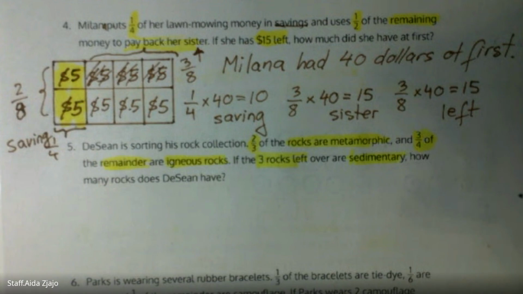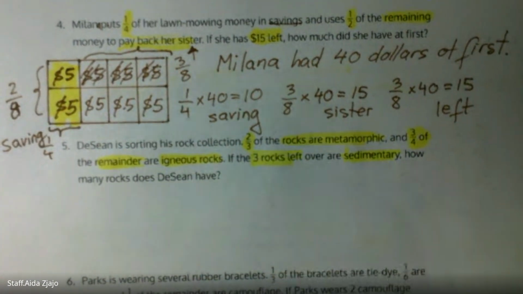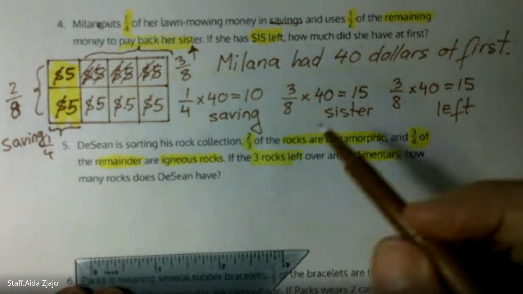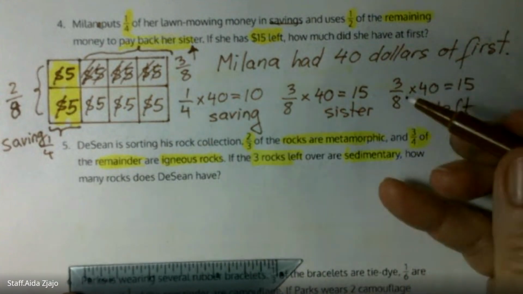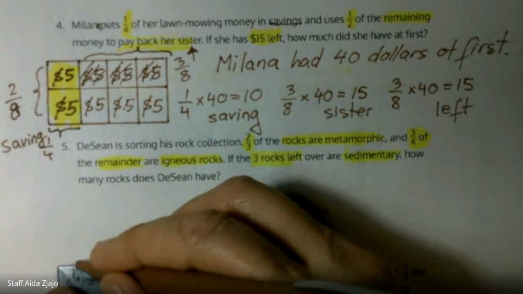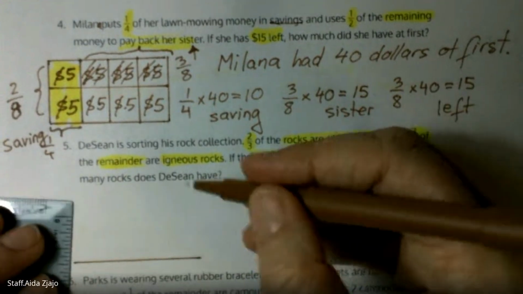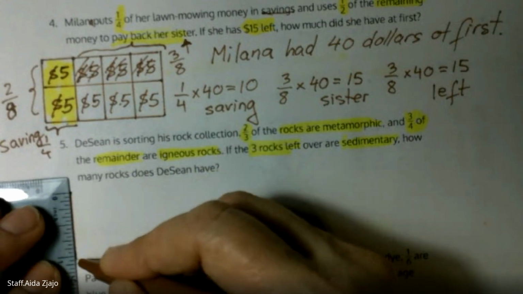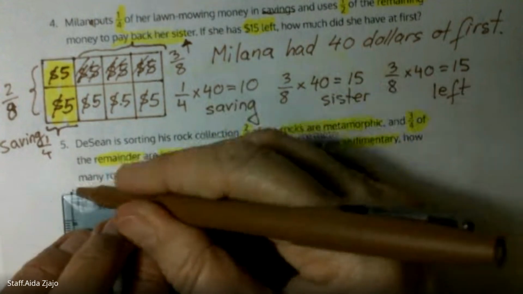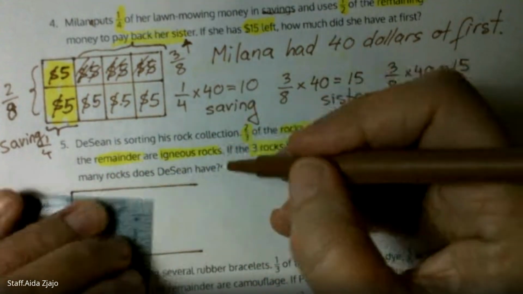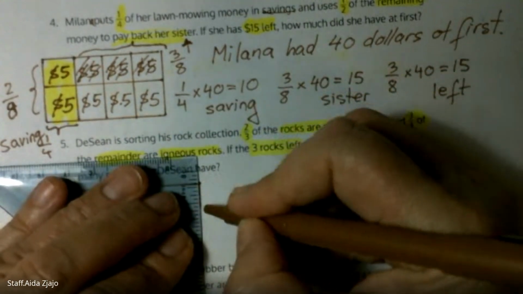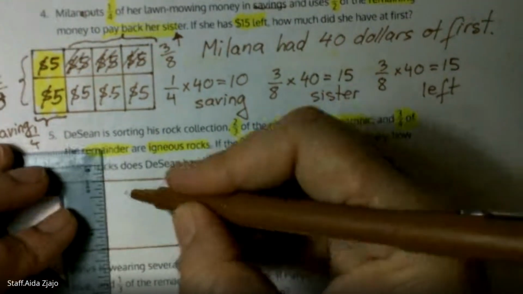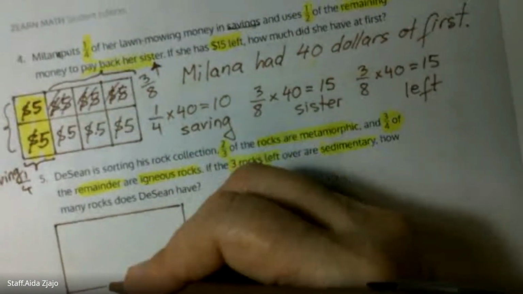Okay, so let's see how we can make sense of that. Dijon sorted his rock collection, so we need to show 2/3 first. Okay, I'm gonna make a rectangle and I'm going to cut it into 3 pieces. Okay, let's see.